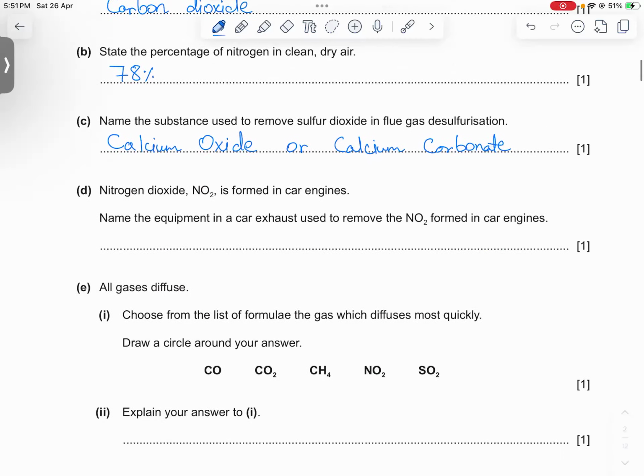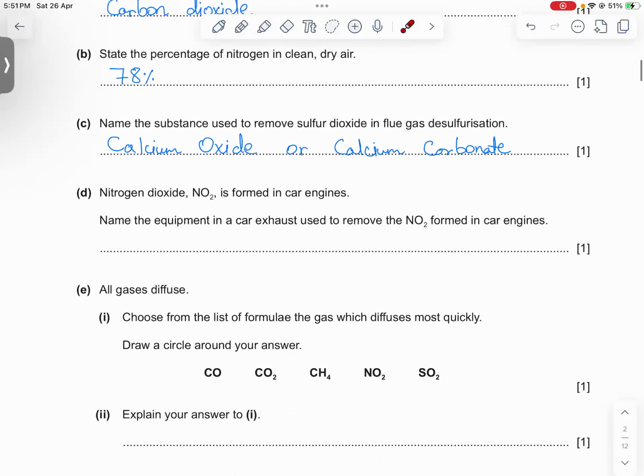Okay. Next question. What do they mean by flue gas desulfurization? So in the environmental chemistry bit, we study that many factories produce sulfur dioxide. Sulfur dioxide is what we call flue gas. Desulfurization, basically, we remove the sulfur dioxide out of the flue gas. How do we remove it?